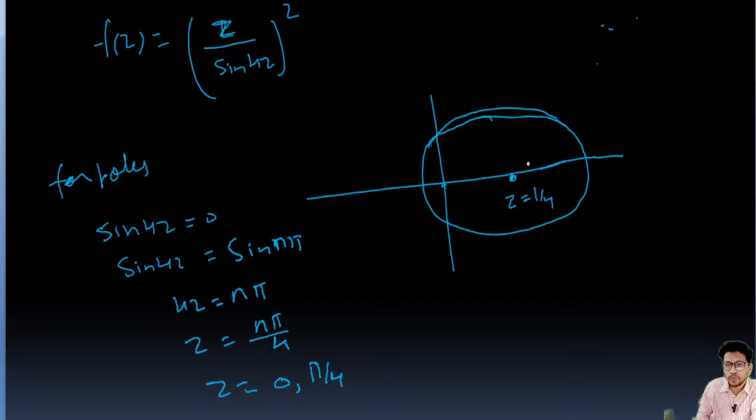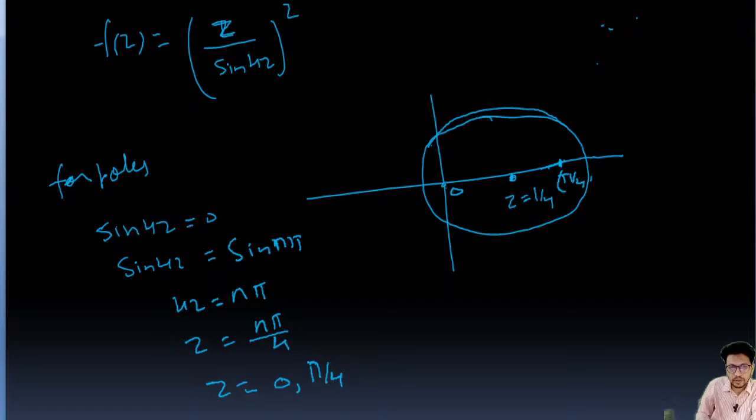But these 2 points, 0 here and this point pi by 4, will lie inside the contour, and other points will not lie inside the contour, so we don't require those points because we need to find residue. So z equal to 0 and pi by 4 will lie inside the contour. Other values are outside the contour.